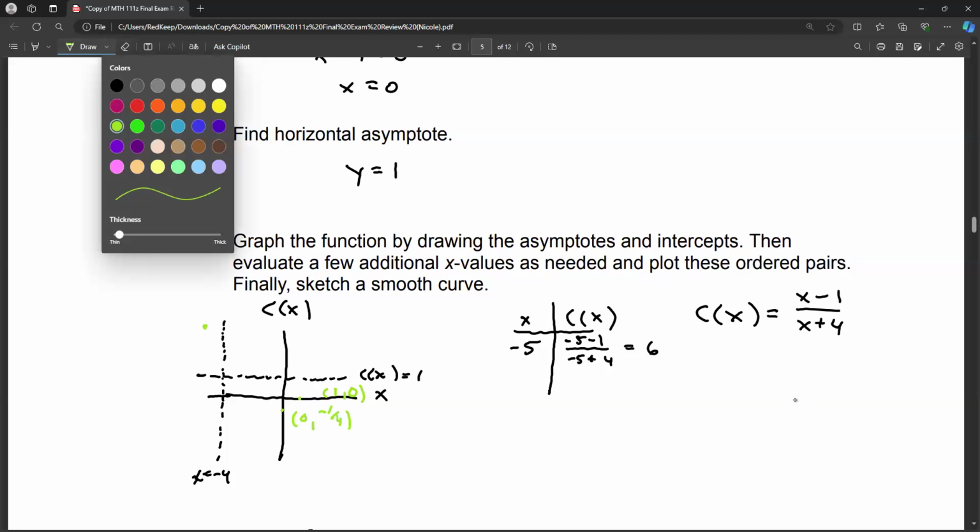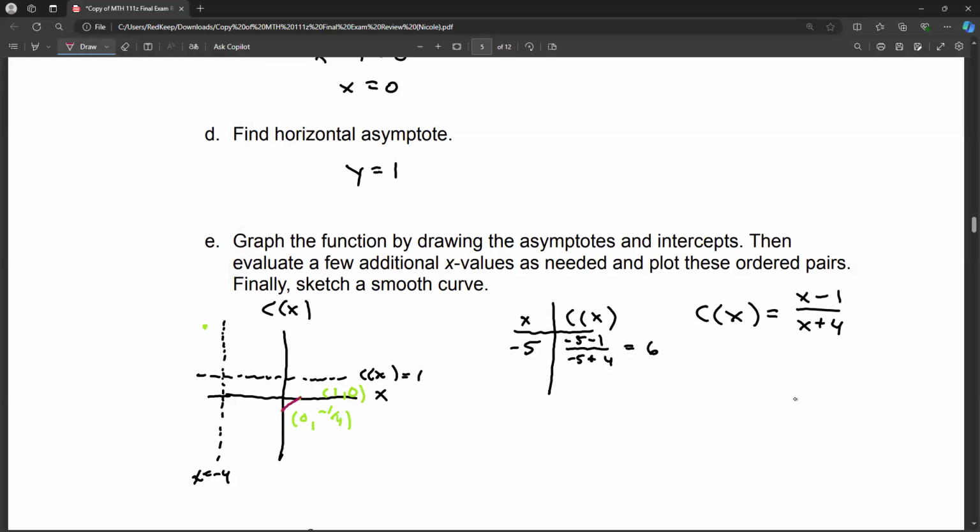So let's try to draw the curve here. We know it's going to intercept here and proceed towards this vertical asymptote in this way, and also proceed towards the horizontal asymptote in this way.